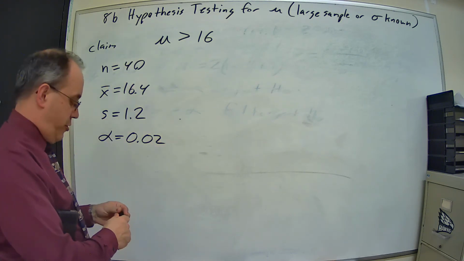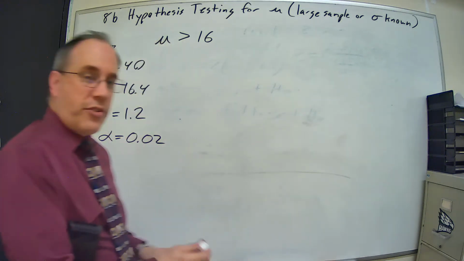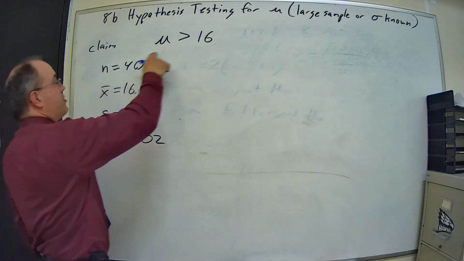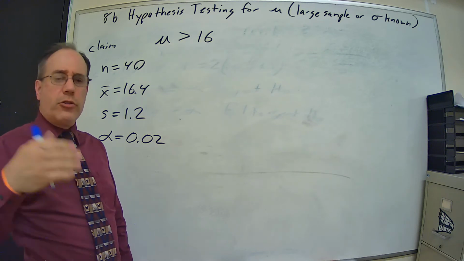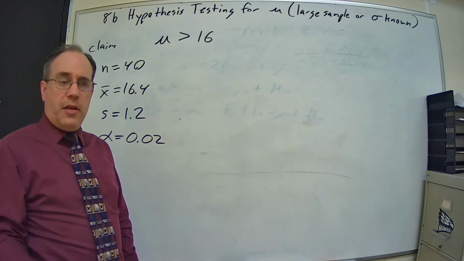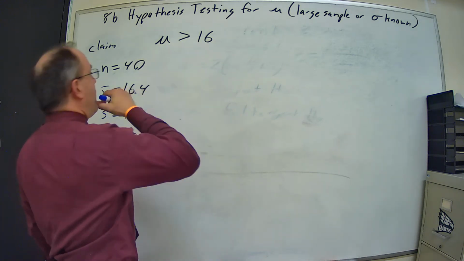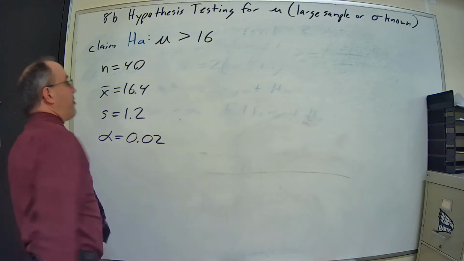I'm going to switch to a different color to add in some supplemental stuff that we're going to pull out of this. The claim is mu is greater than 16. Greater than, that's the alternative hypothesis. It does not include equality, so that is the alternative hypothesis.